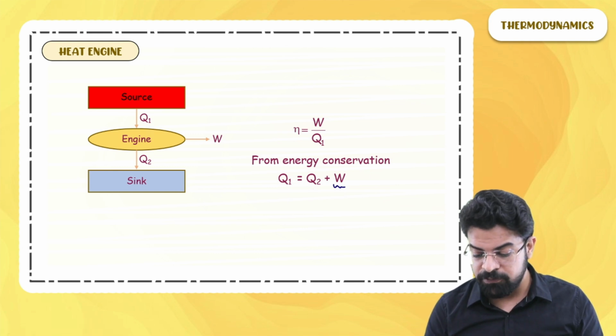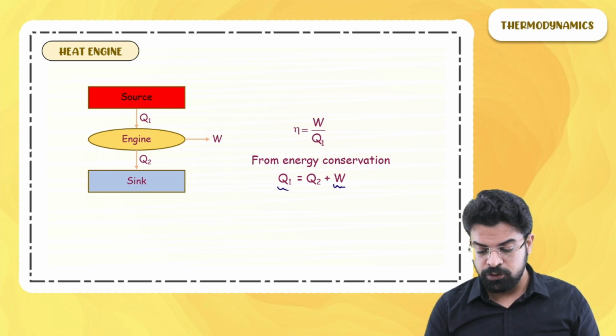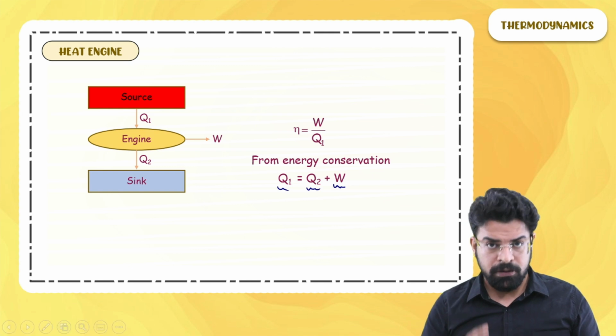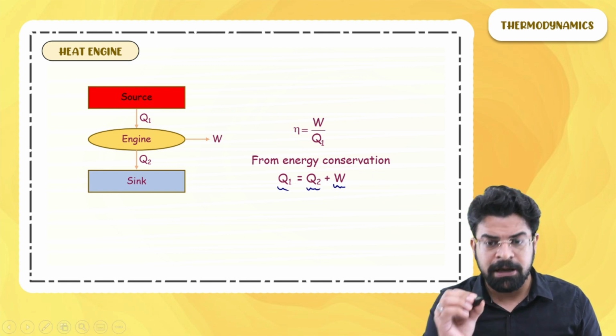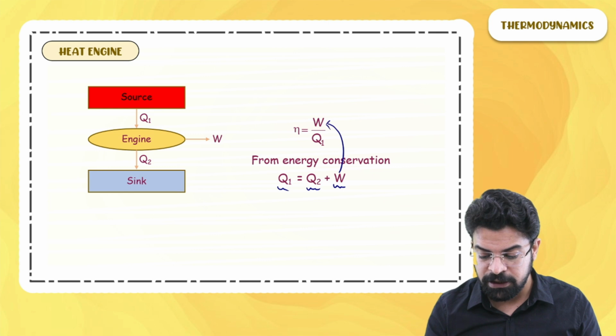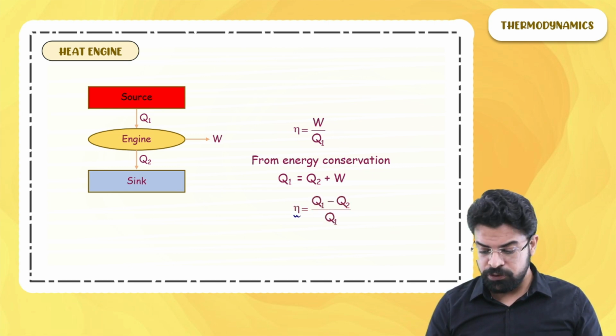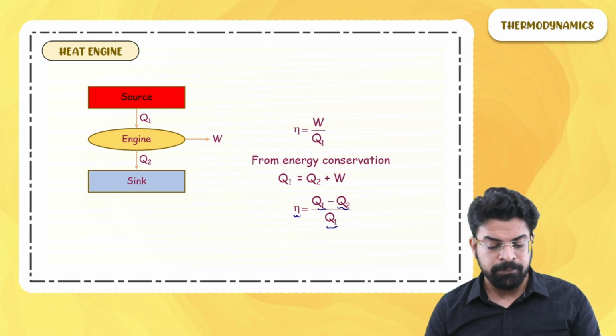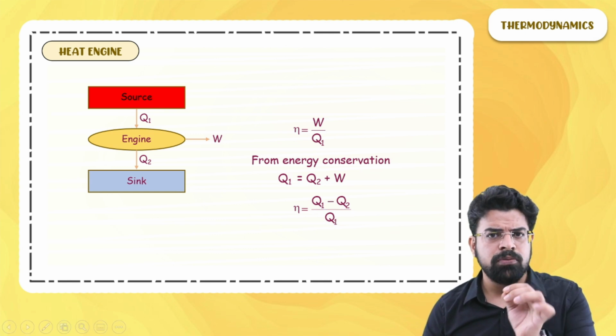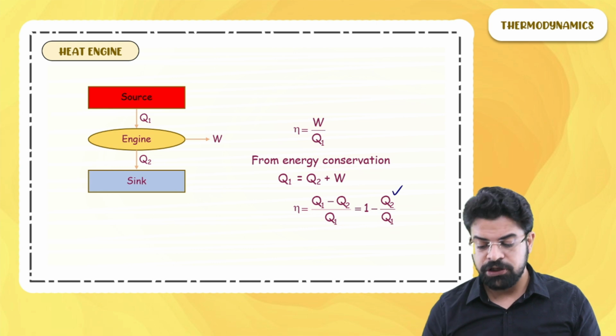From here we can write work done by the engine equals Q1 minus Q2, and substitute it in place of work here. So you will say efficiency of the heat engine equals (Q1 minus Q2) by Q1. And you can write this as 1 minus Q2 by Q1.